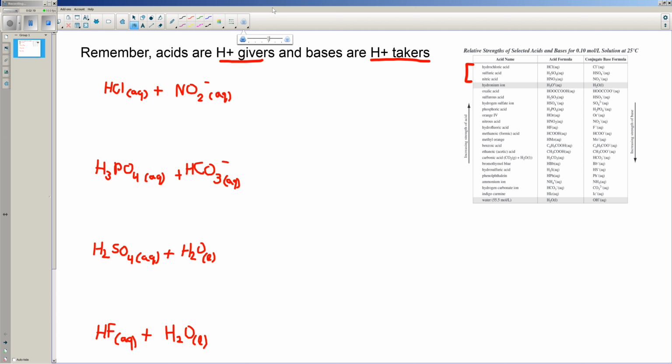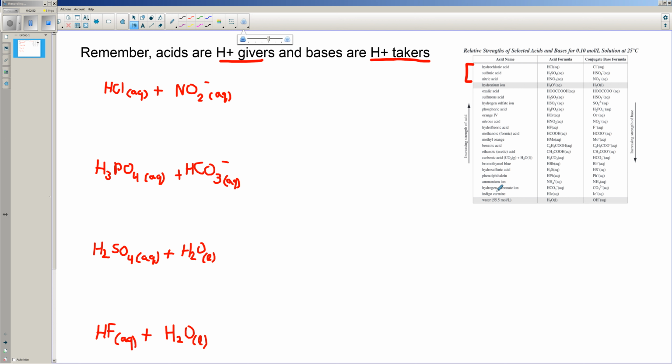So you'll see to the right here I have a little snip of the acid-base table that you get in your data booklet. Recall, I've uploaded the data booklet, and there's also, I believe, an acid-base table inside your textbook as well. I like this one. I think this is a much cleaner and better laid out table. But a tour of the table first. Up here, we have the names of all of the different chemicals.